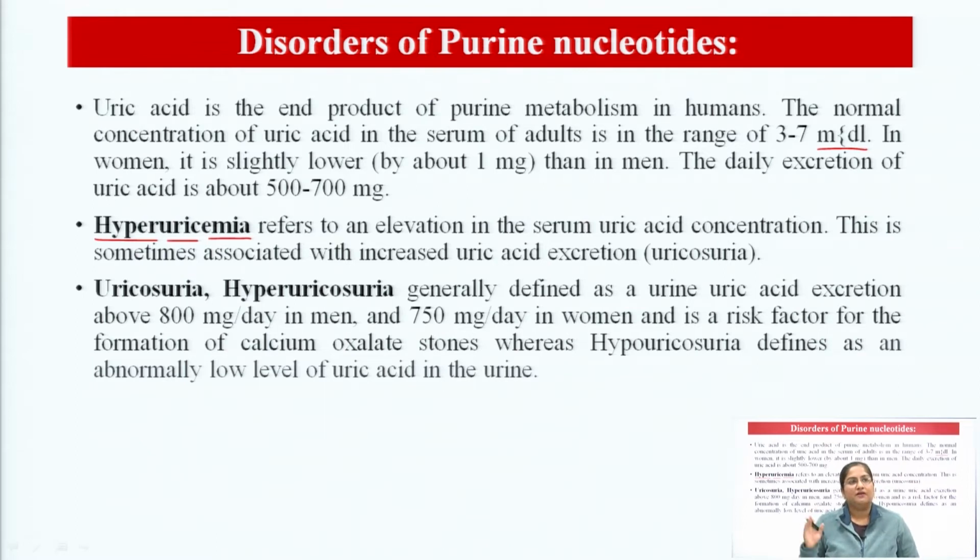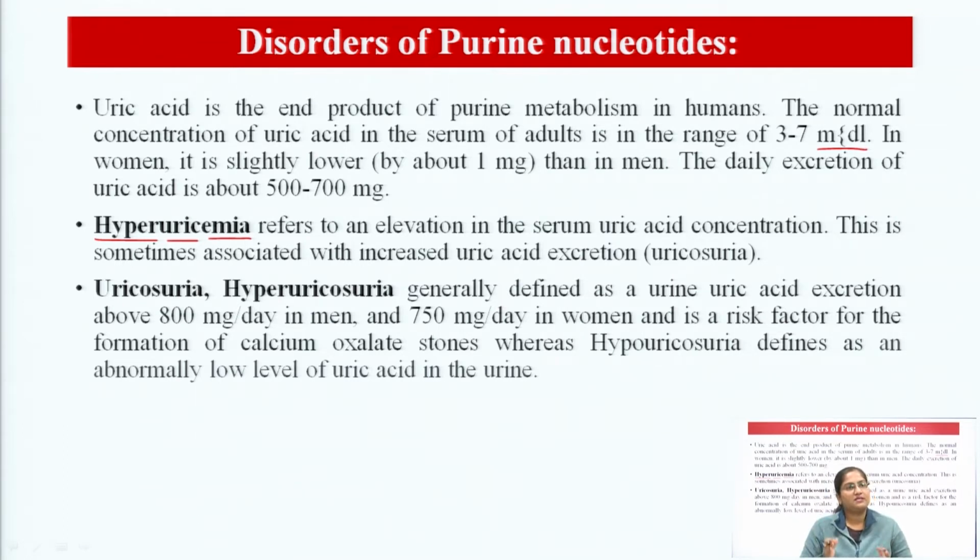So, here we are also talking about blood. Hyperuricemia: hyper means more, uri means uric acid, emia means in blood. If there is an elevated amount of uric acid in blood, the phenomenon is called hyperuricemia. It is very easy to understand.